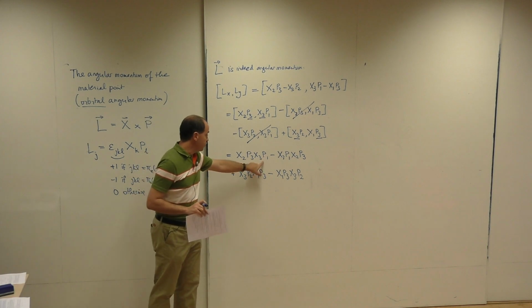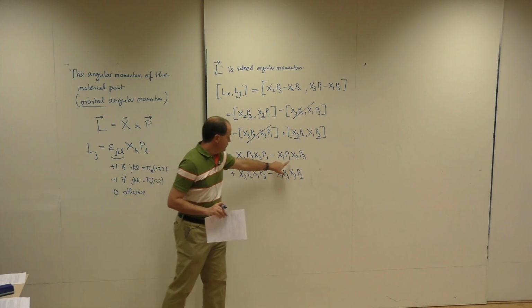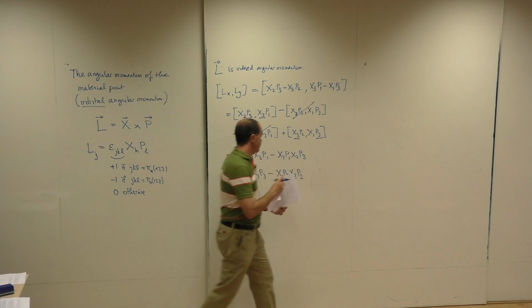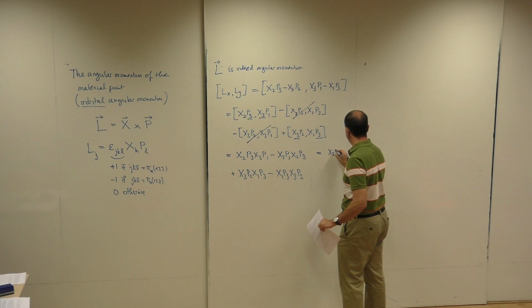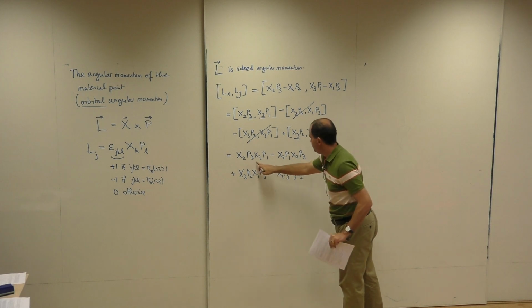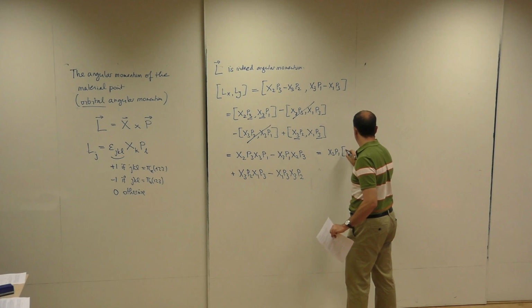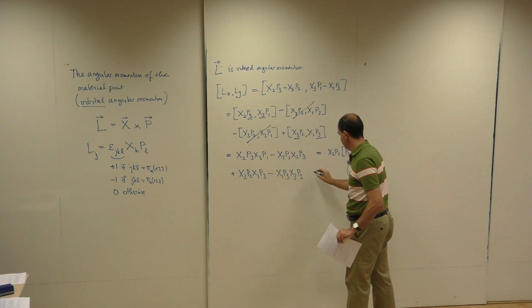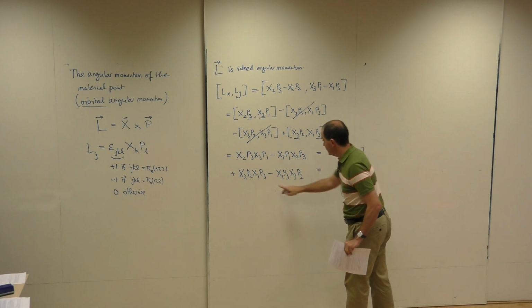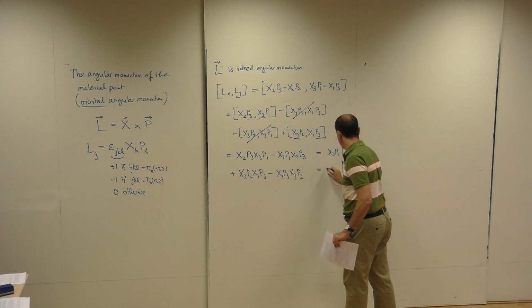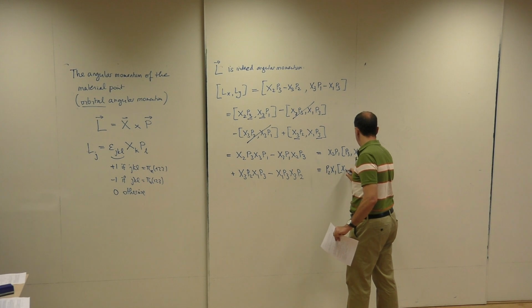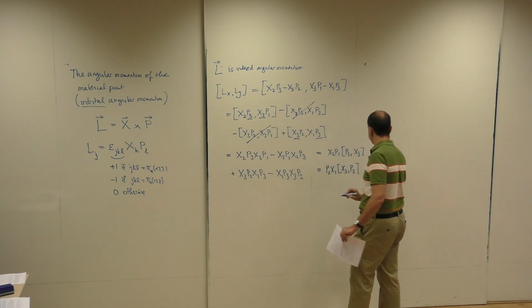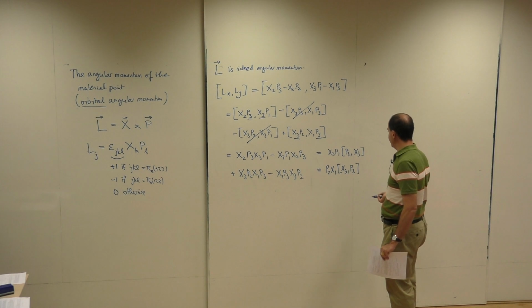Now, those that commute, I can bring them out. This one commutes with this. I can bring it here. These also commute, and they also commute among each other. So this line is equal to x2 p1, and then we have p3 x3 minus x3 p3, and this line is equal to the same thing. I can bring this one out, so p2 x1, and then I have x3 p3, and so you see I can put them together.